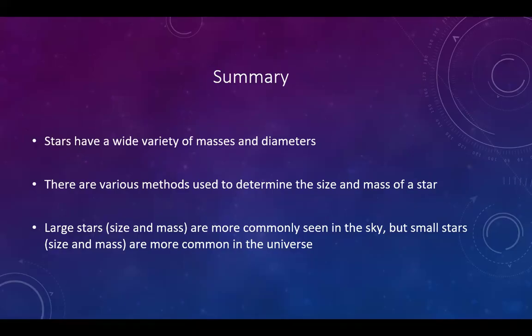Large stars in size and mass are more commonly seen in the sky, but small stars, both size and mass, are more common in the universe. They're just dim, so we don't see them as easily. Because we have this selection bias, where we see the big bright stars, we don't notice the more common dimmer stars.